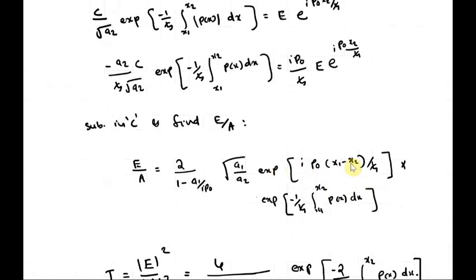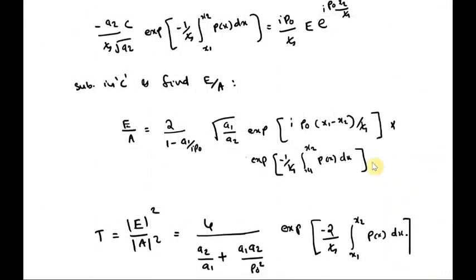I factorized it. The reason for finding e by a is that the square of that will give you the transmission coefficient. For this complex number, when you take the square, that will disappear from the expression.